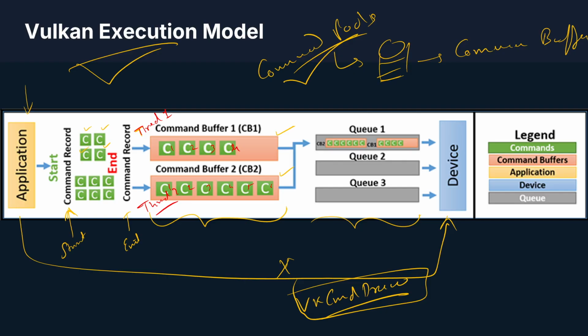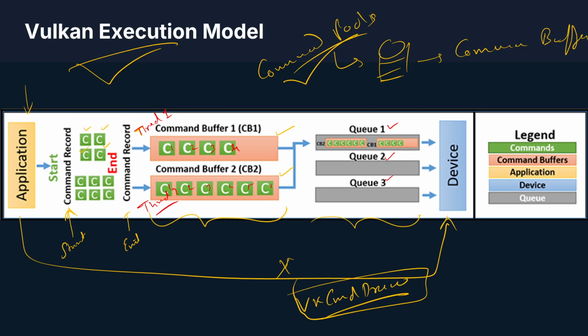In this example you can see I have q1, q2, q3. Both command buffer 1 and command buffer 2 are sent into q1. I will help you understand queues in upcoming slides, but just try to understand that your device exposes a number of queues.